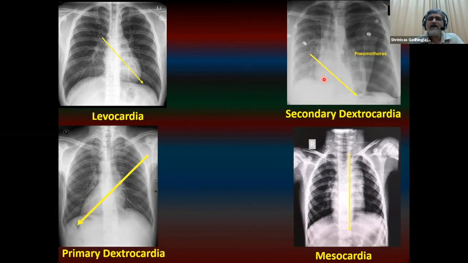In secondary dextrocardia, which occurs because of tension pneumothorax on the left side or because of agenesis or collapse of the right lung, the heart gets pulled to the right side. So you have dextrocardia, but the apex points to the left side. And then we have the fourth condition, mesocardia, where the heart is in the midline and the apex points inferior.